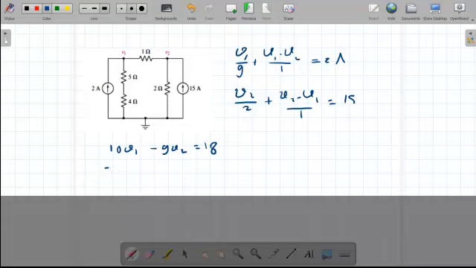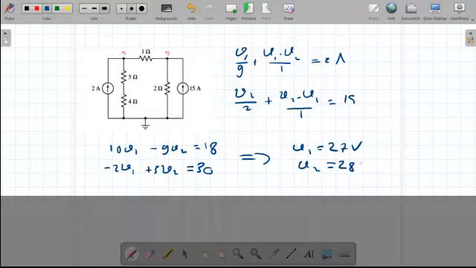Our second equation will become minus 2 V1 plus 3 V2 equal 30. After the solution of these two equations, we get V1 equal 27 volt and V2 will equal 28 volt. So the answer V1 minus V2 will equal 27 minus 28, which is equal minus 1 volt.